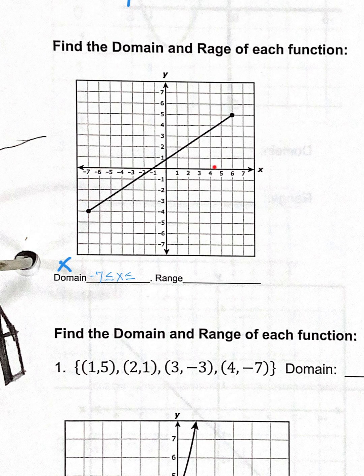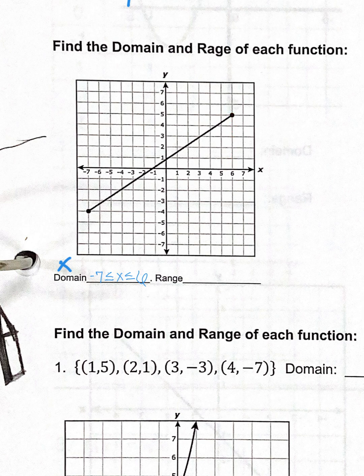We go all the way to the right, and we see our graph ends here where x is 6. So let's write 6 at the end. So the way the domain reads is -7 is less than or equal to all the values of x, where x is less than or equal to 6. That's the way that reads.